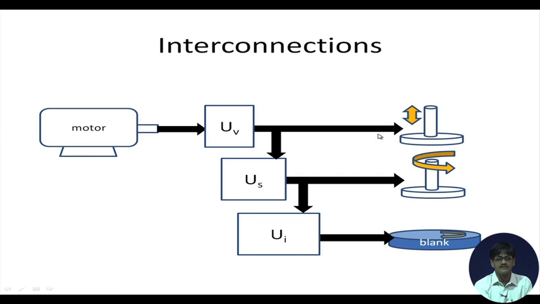But our discussion showed that the way in which feed has been defined as millimeters per stroke, that remains the same even if UV setting is changed. So, we noticed that a change in UV made a change in the strokes per minute, but it did not affect the feed value.